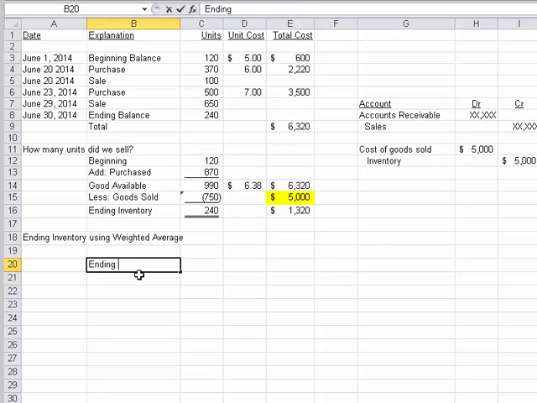So if we want to know the value of ending inventory, we know ending inventory was 240 units. We value it at $6.38. That's all we have to do.